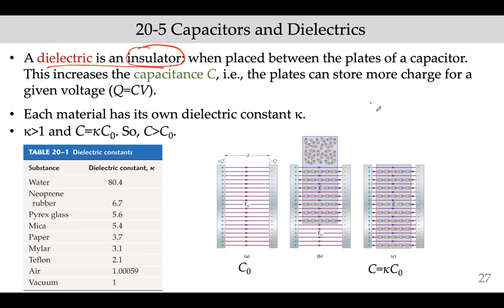Normally you have the atom and the electrons around. If you bring a charge or an electric field close by, these electrons would move towards the positive charge. So the atom would become more like this: positive charge from the nucleus on this side and negative charge from the electrons on the left side. Remember, this was polarization.